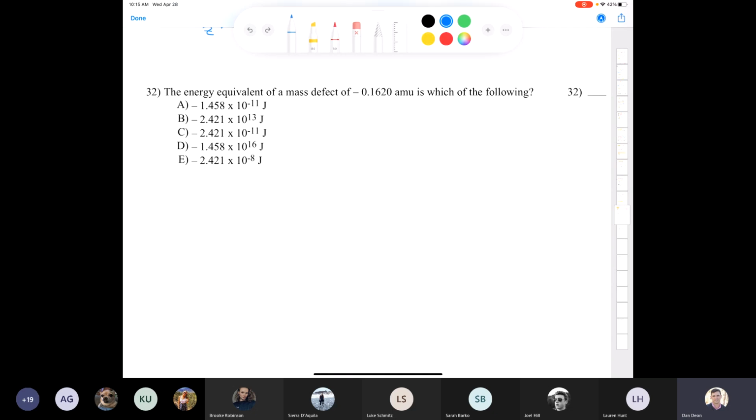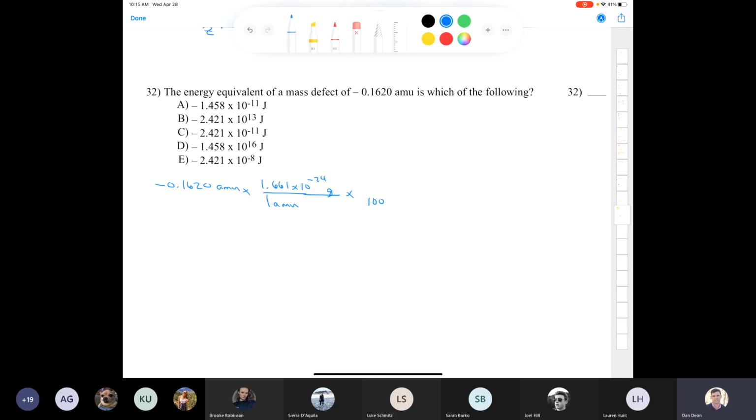So let's convert that negative 0.1620 atomic mass units into kilograms. And we know that in one atomic mass unit, we have 1.661 times 10 to the negative 24 grams. We went over atomic mass unit in lecture, so I'm not going to reteach that at this moment.